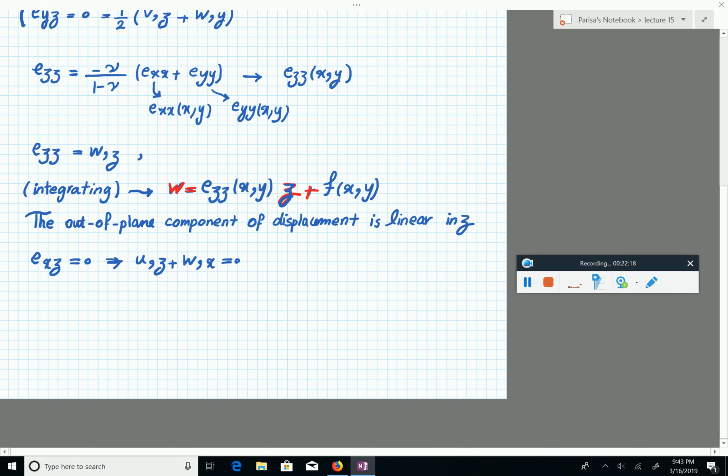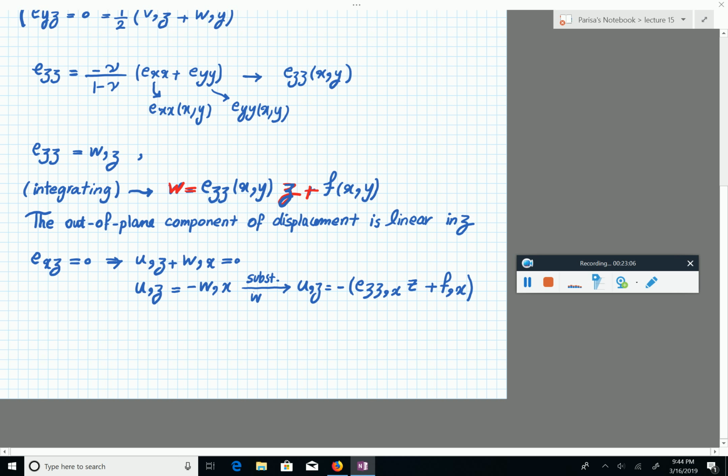So if we substitute for w, u comma z would be negative Ezz comma x times z plus f comma x.